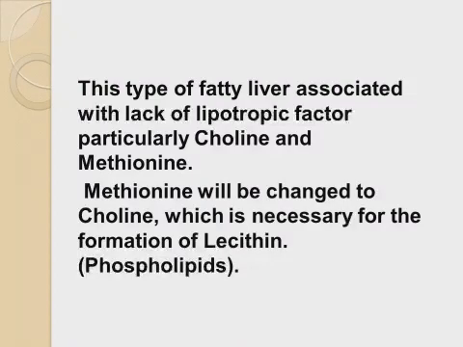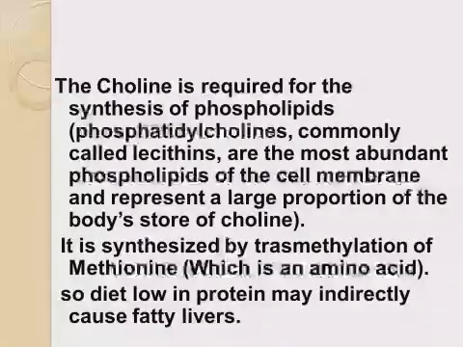Methionine will be changed to choline, which is necessary for the formation of lecithin, a type of phospholipid. So, choline is required for synthesis of phospholipids, of which lecithin is considered the most abundant in the cell membrane, and it represents a large proportion of the body's store of choline.